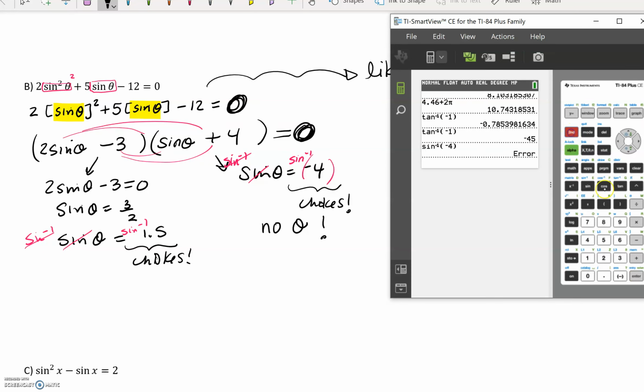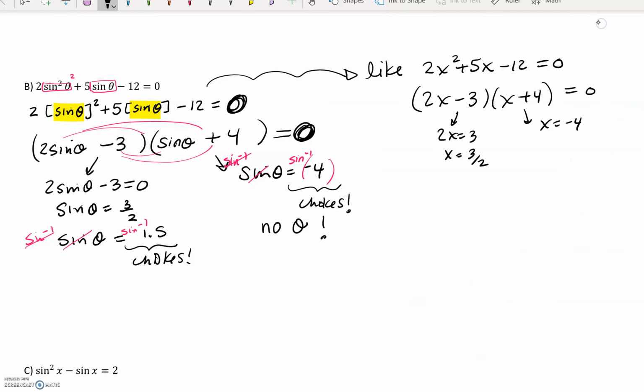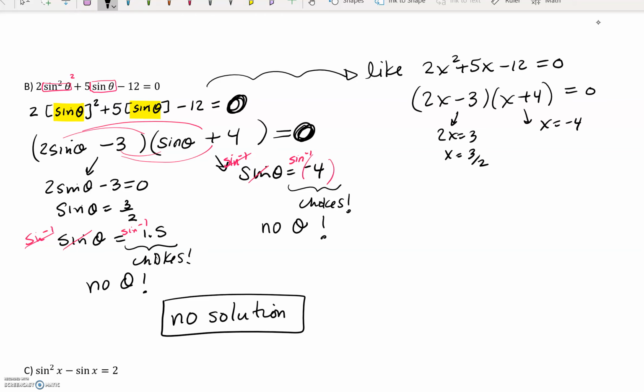So if I do sine inverse of 1.5, again, outside of -1 to 1, it chokes, so no theta pops out of there, which means this equation has no solution. I tried factoring it, I tried getting the trig function equal to a number, but I was unable to find any theta that works for that equation.